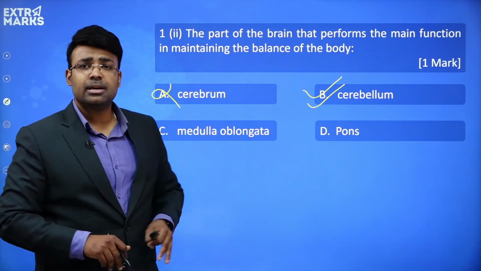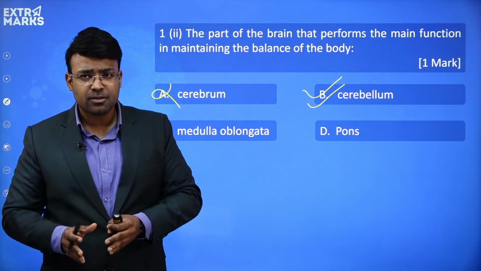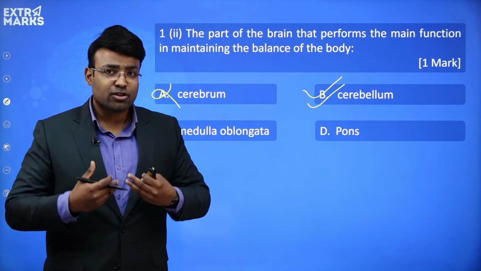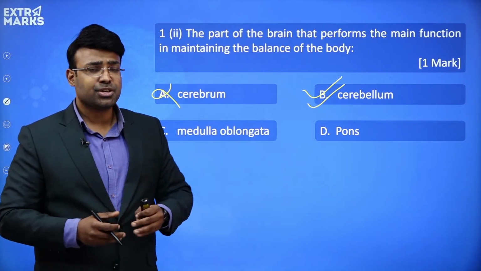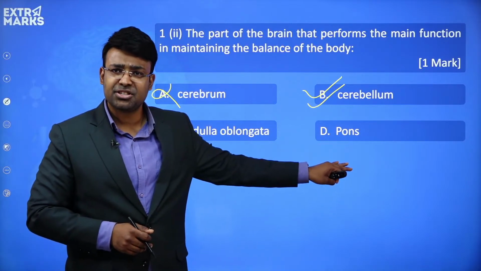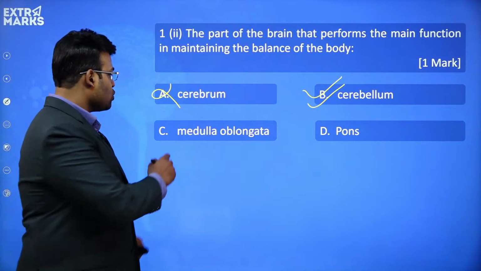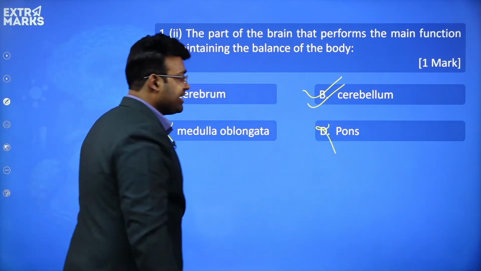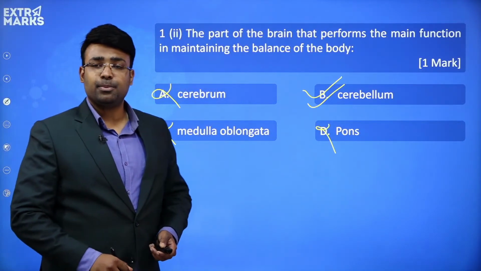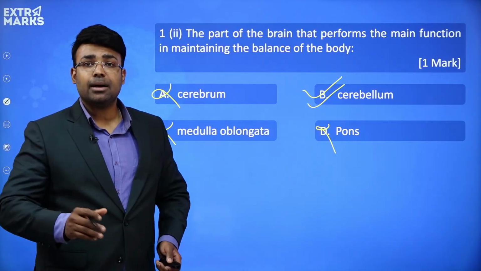Medulla and pons are responsible for the autonomic nervous system, the things which are not in our control, like breathing and respiration, which are controlled by medulla, whereas pons is basically a brain stem, so it connects the nerves with the brain and the spinal cord. So these two options are wrong, where the right option in this particular question is cerebellum, which regulates the entire movement of the body.